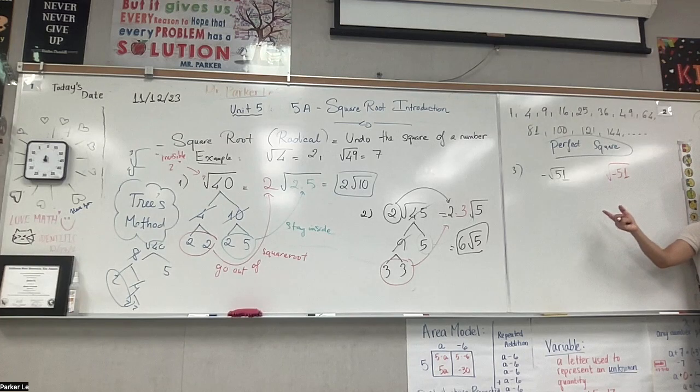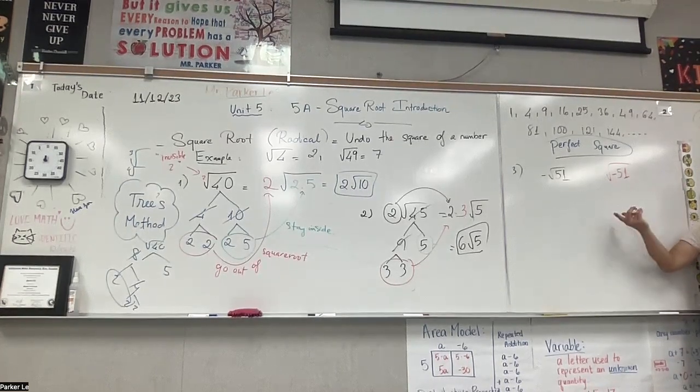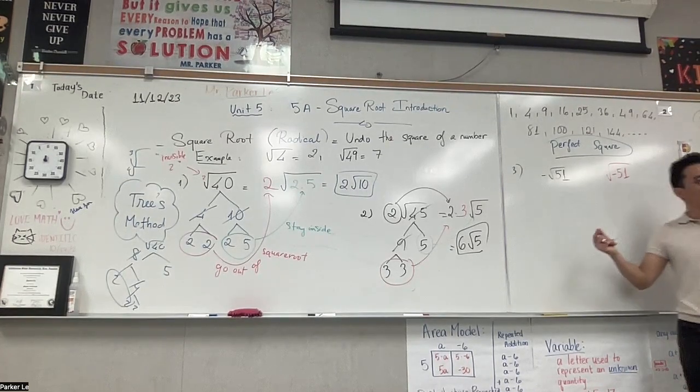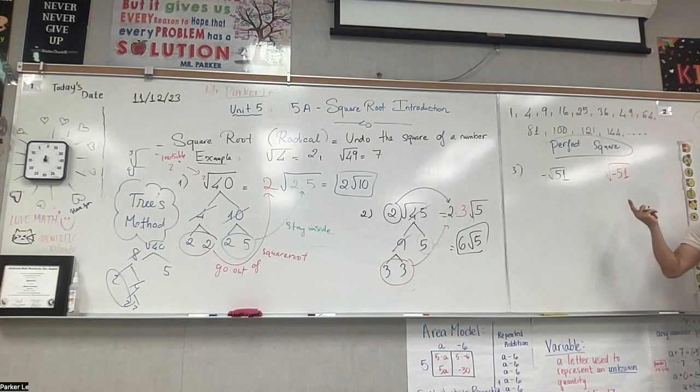Some say the same. Okay, why are they the same? Good. It's good to be different from the crowd. What do you think? Yeah, they both have a negative sign. Yes, that's right. They both have a negative sign. But are they the same or not? No. Mathematically, they're not the same.